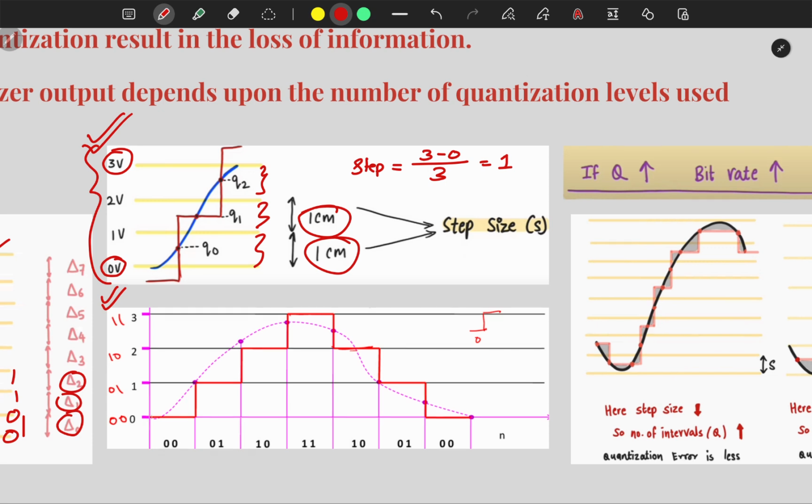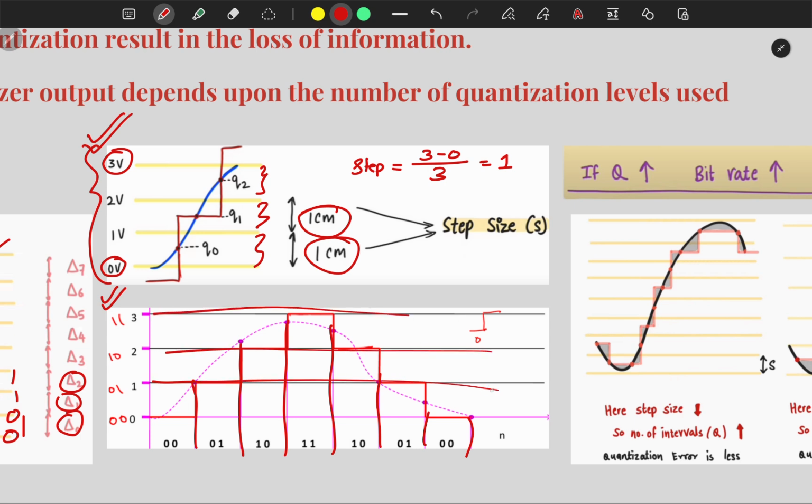So here if we take an analog signal just like that, this is the analog signal, and now we will do the process of sampling. This is the process of sampling where we sample the signal. Then after doing the sampling, we will do the process of quantization.